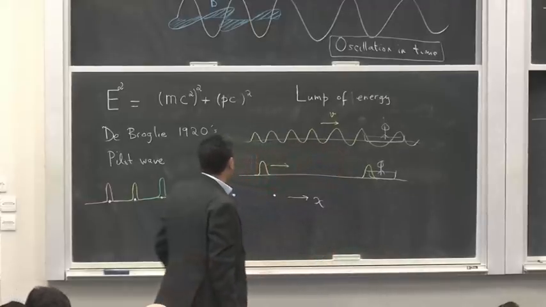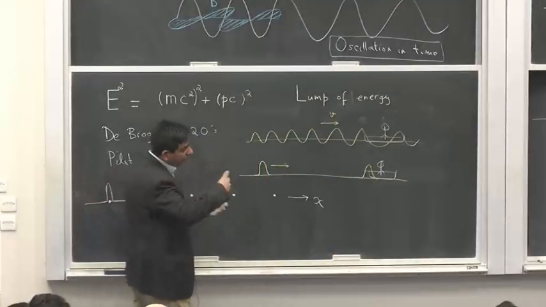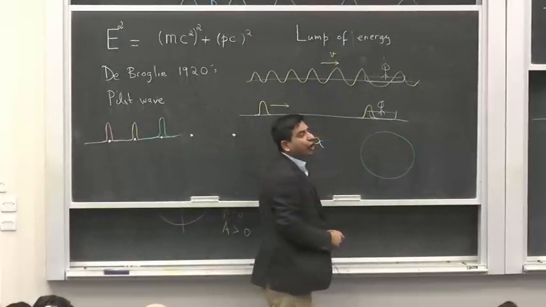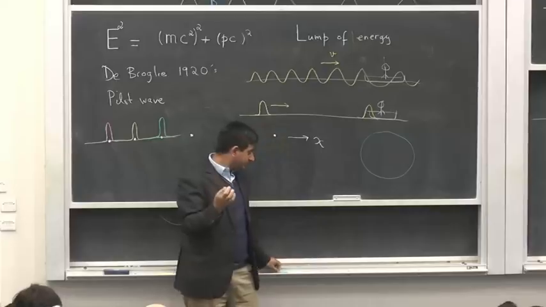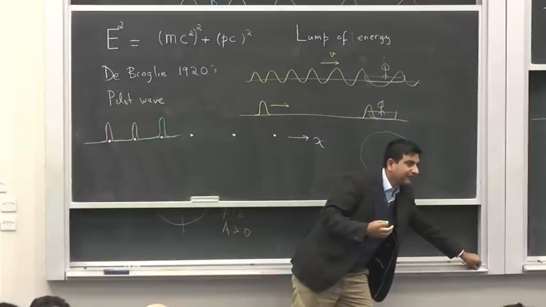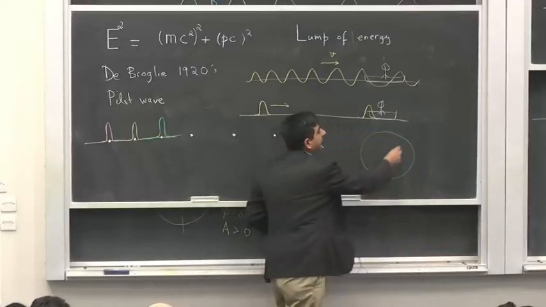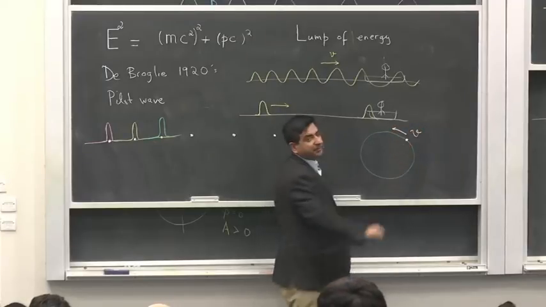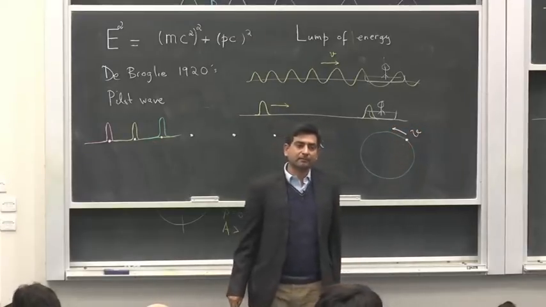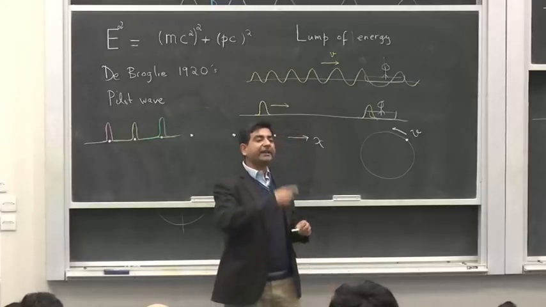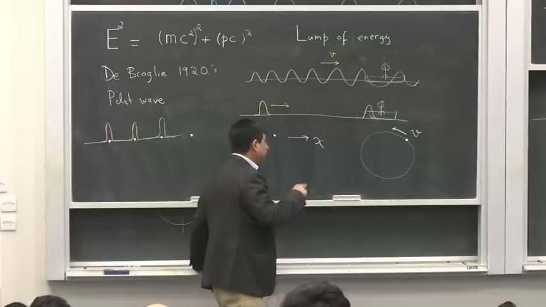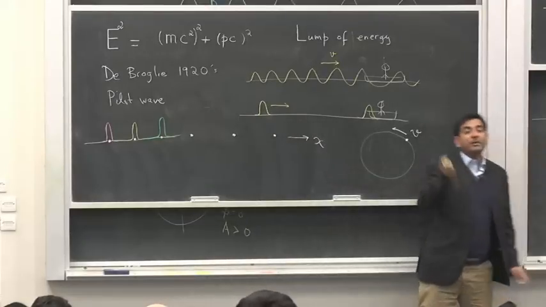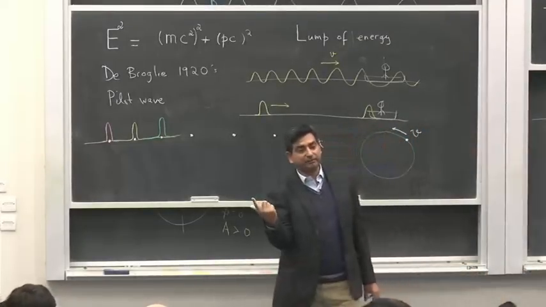Now if you look at the Bohr's model, you all learn about the Bohr model. If you look at the orbit of an electron around the nucleus, in the Bohr's model, the electron is going around the nucleus with a certain linear speed v. Now the idea of Bohr was in compliance with the de Broglie relationship. Actually, Bohr proposed his idea before de Broglie.